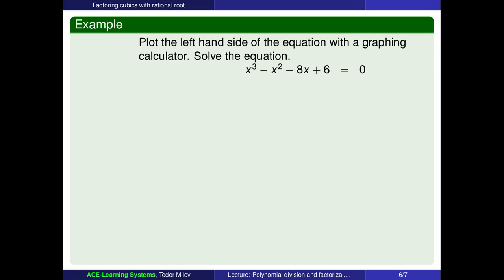This example again asks us to solve a cubic equation. Again, the example asks us to use our graphing calculator as an aid to our computation. However, as we're going to see, this problem is going to be quite different from the preceding one, despite the fact that the two look very similar.